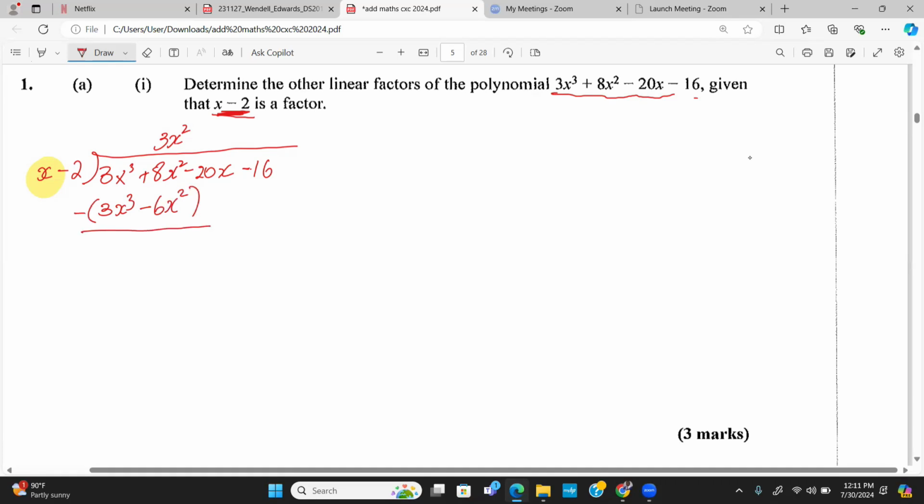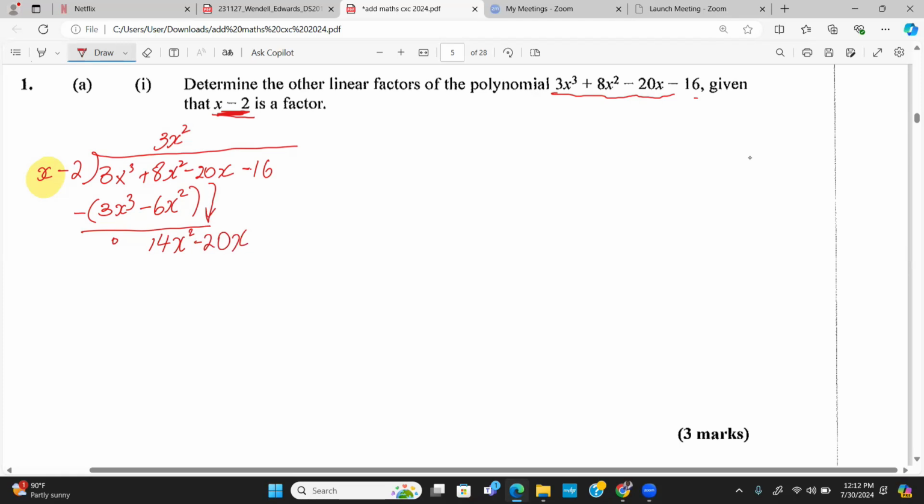So now I'm going to subtract. 3x to the third minus 3x to the third is a 0. But 8x squared minus minus 6x squared will give us 14x squared. I'm going to bring down the negative 20x.